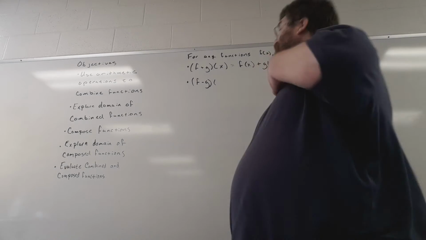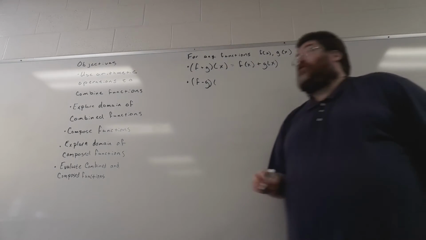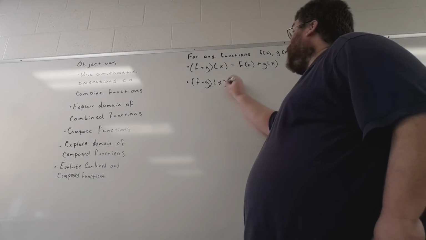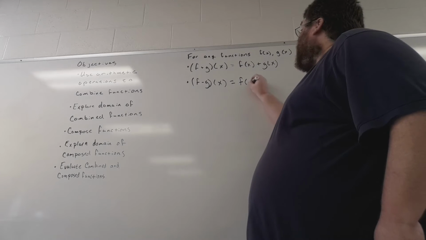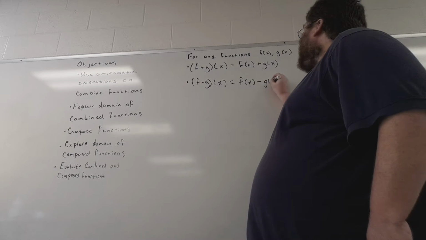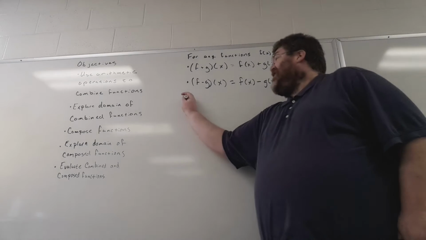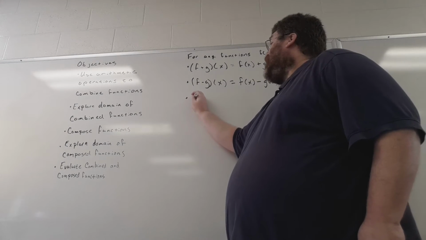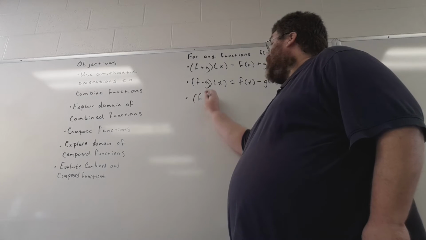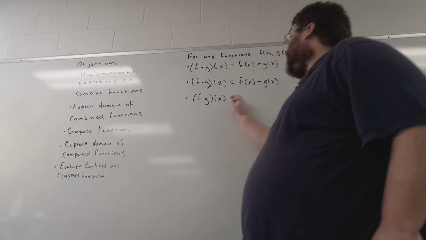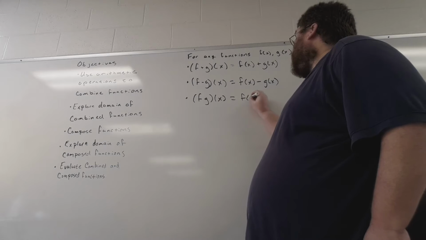So from there, you might expect that f minus g of x behaves the same way. And it does. And similarly, multiplying our two functions together works exactly the way you expect it to.